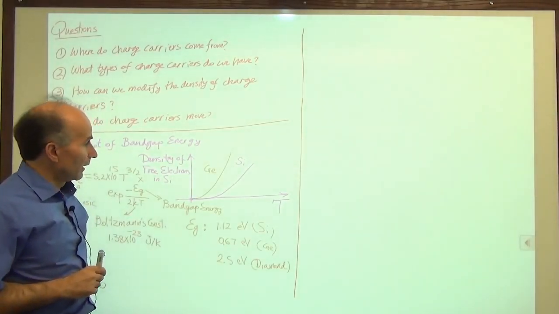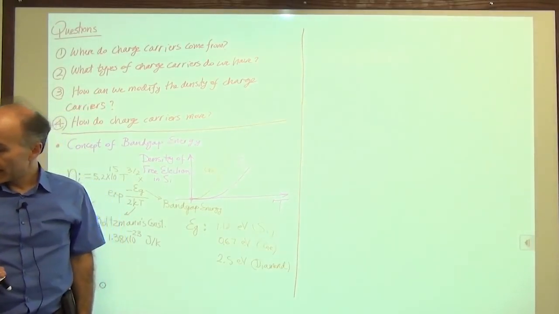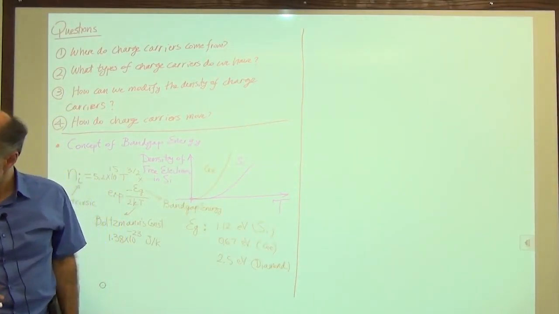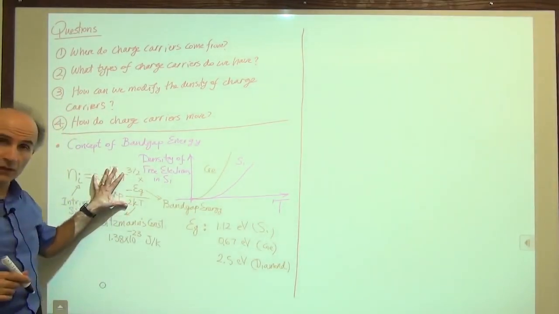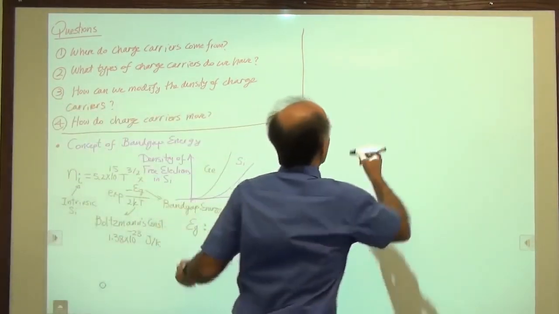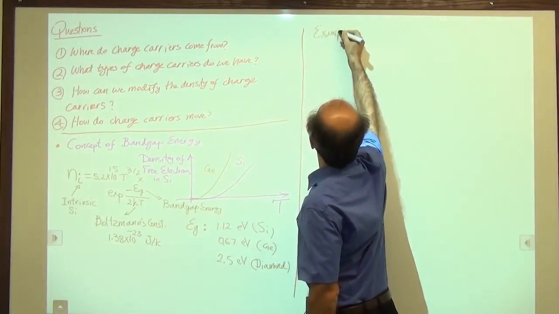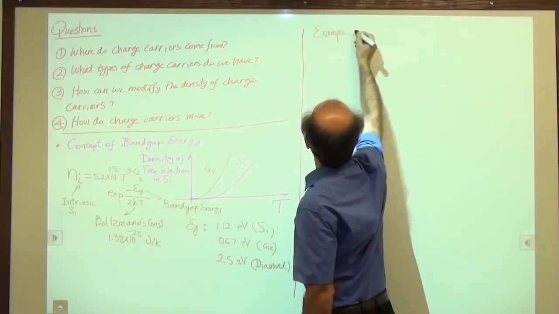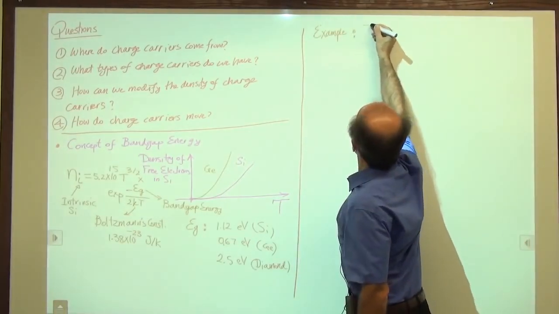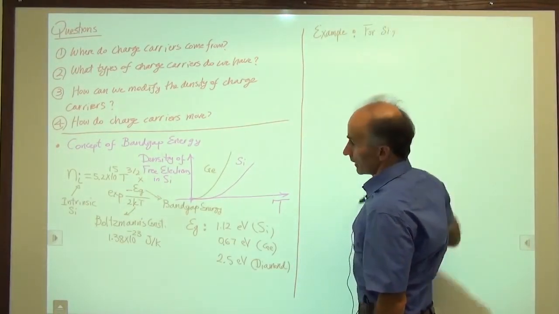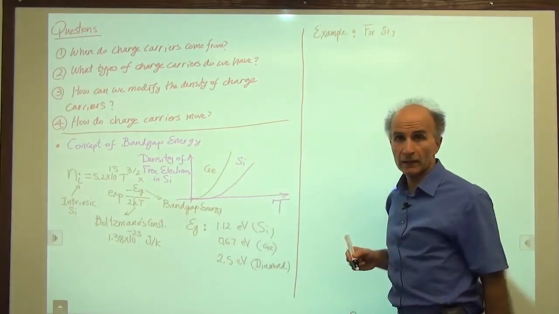All right. Now, with this in hand, we can go ahead and look at an example. So let me use these equations to just give you an example. So here's an example. For silicon, let's go ahead and calculate Ni.